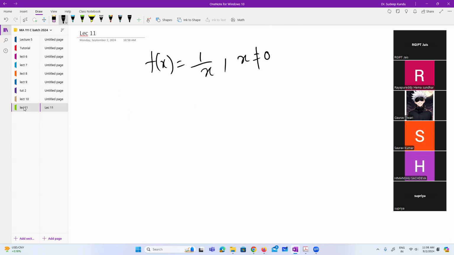Now you have to check the limit as x tends to 0 of f of x. Does not exist, sir. So how will you check?